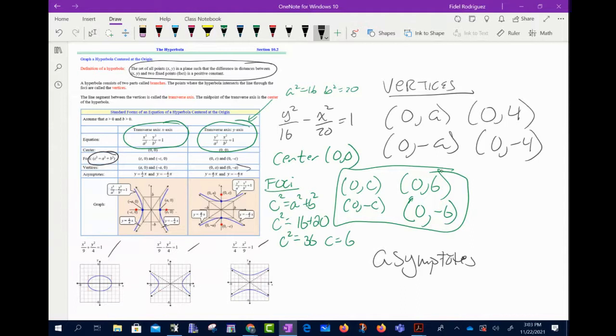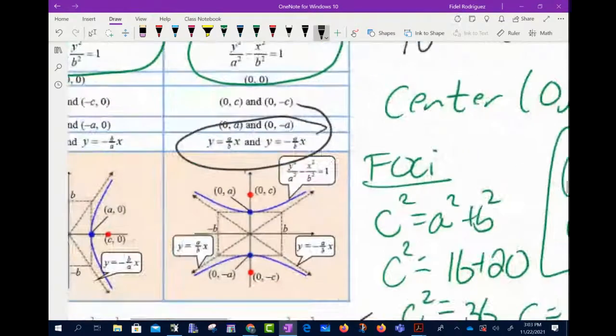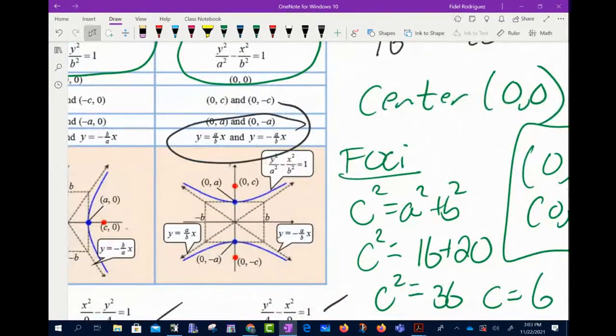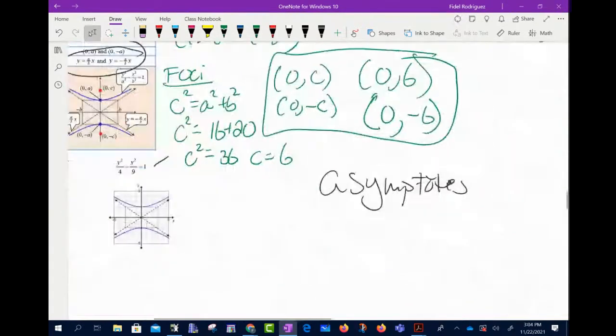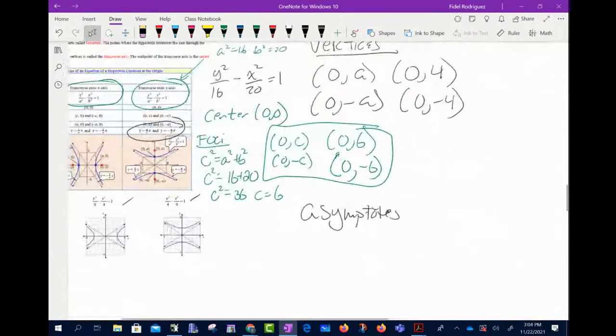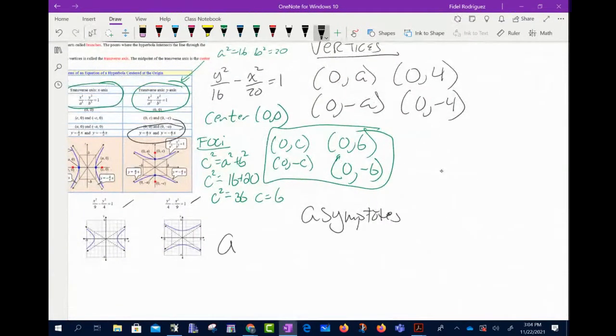Okay, so I want you to look right here, y'all, and I'm going to zoom in so we can see it. It says y equals a over b x and y equals negative a over b x. Okay, so since we knew that a squared was 16 and we knew that b squared was 20, that meant that a was 4 and b is the square root of 20, which we can simplify into 2 square root of 5?